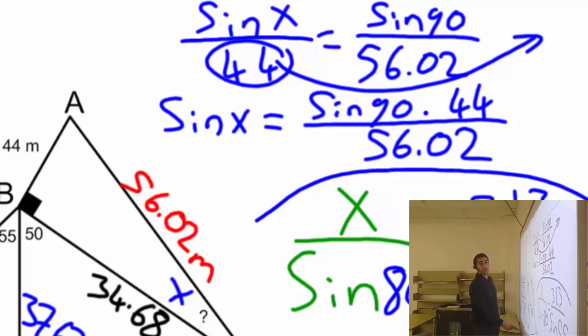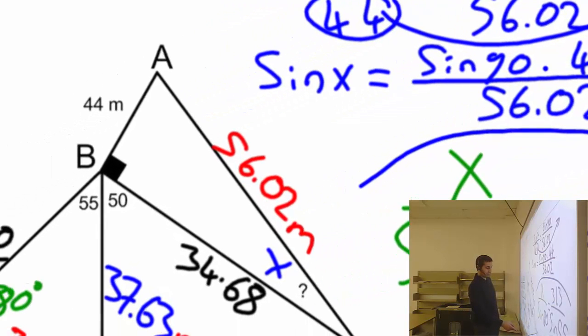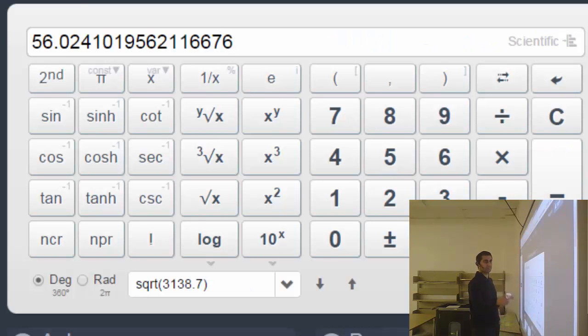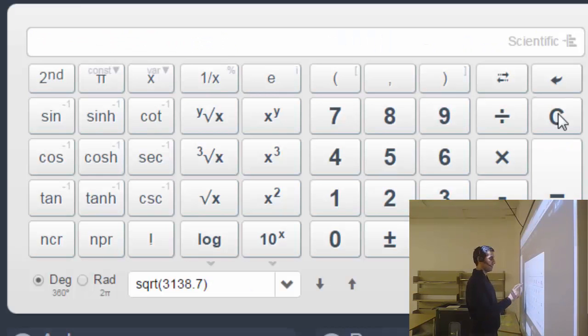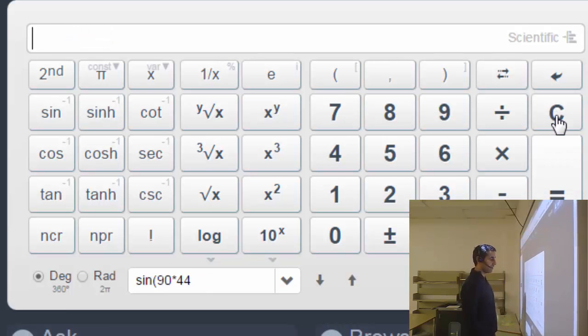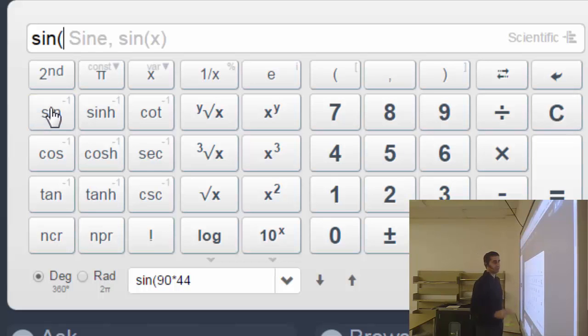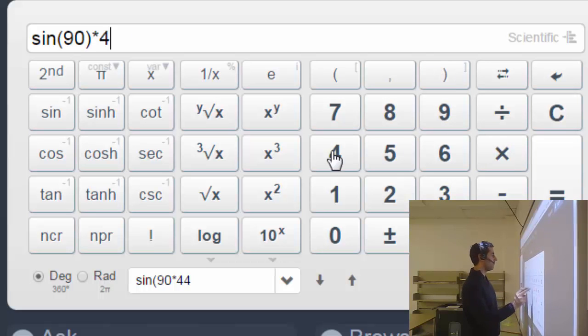Sine 90 times 44. With my online calculator, I have to close the bracket, sine 90, times 44.